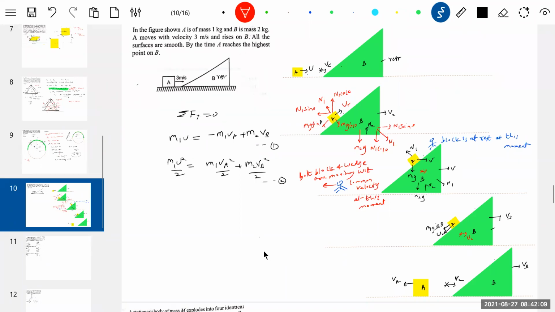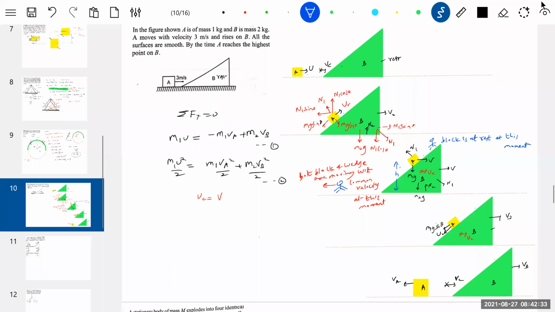With what velocity? With a common velocity. How to calculate that common velocity? The block will rise to a certain height. Let me show it in another color.